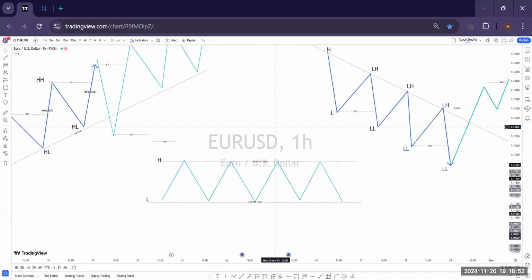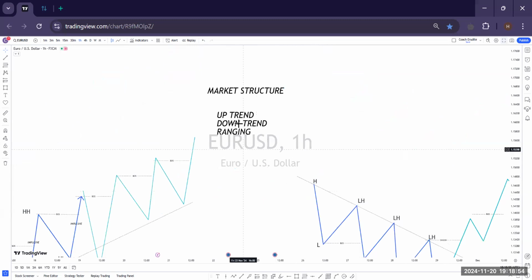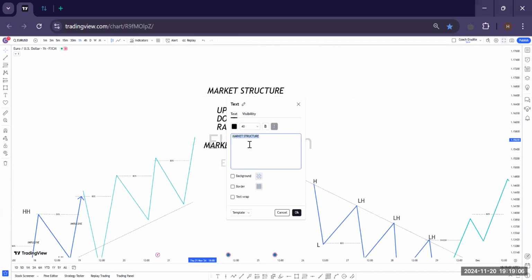So now let's talk about some other concepts in line with this.